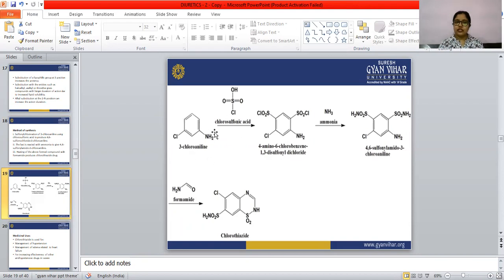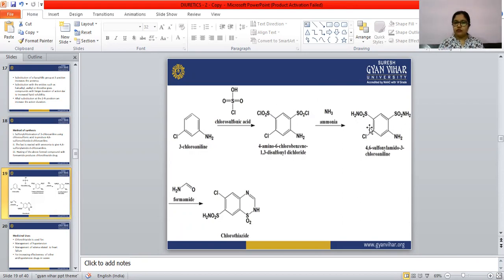This ring is the same in this product. The SO2Cl groups come at the first and second positions. When ammonia reacts with this product, we get this product, where NH2 comes here, SO2NH2, SO2NH2.